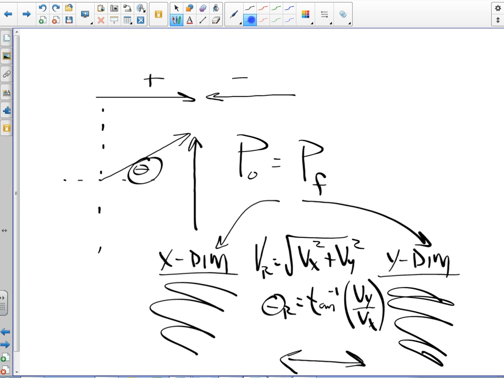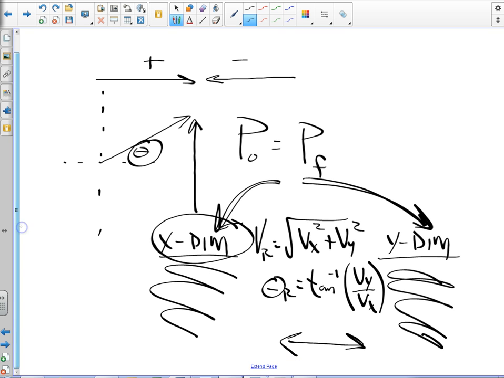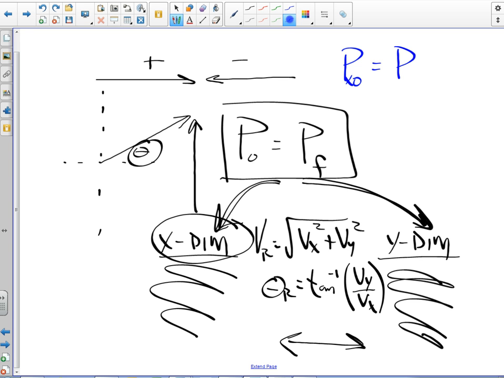So the idea is to break all the vectors into their components, and instead of looking at the whole statement, we're going to look at it as: all the x momenta originally equal all the final x momenta.